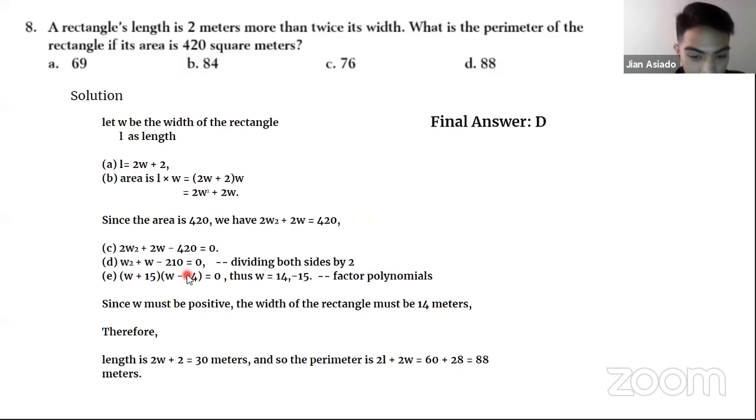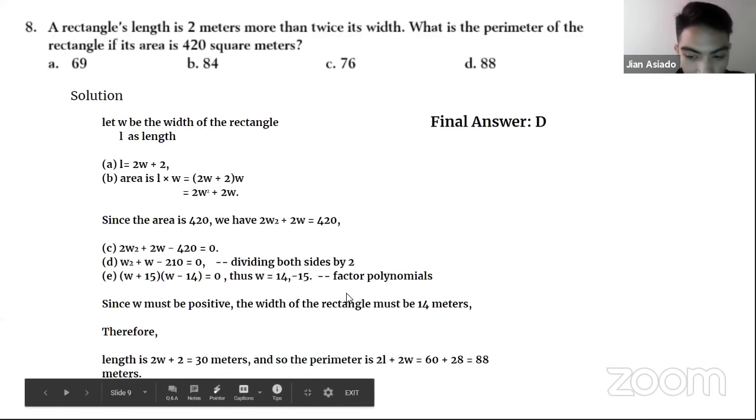So the values of the width we got by factoring are 14 and negative 15. But you can't have a negative width, so negative 15 is discarded.